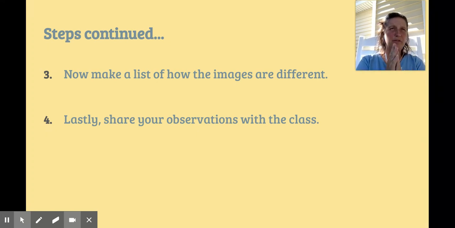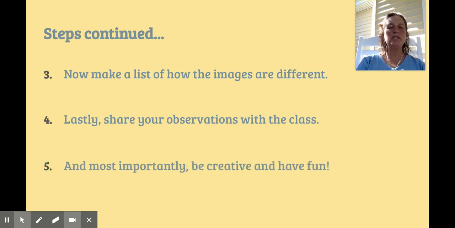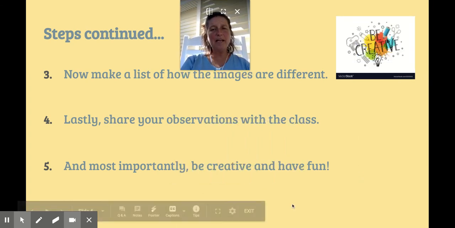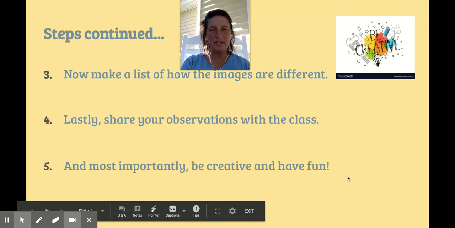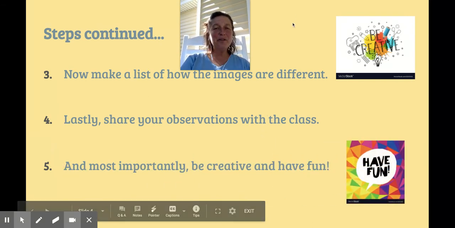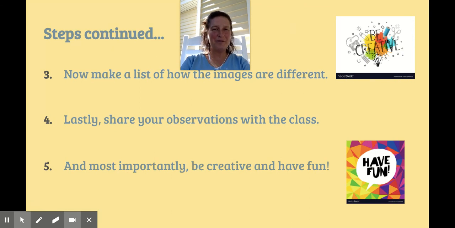So any observations are allowable. We want to think outside the box. And finally, and most importantly, we want to have you be creative and have fun. These mathematical routines are supposed to be in some way fun. So I look forward to completing these math routines with you.